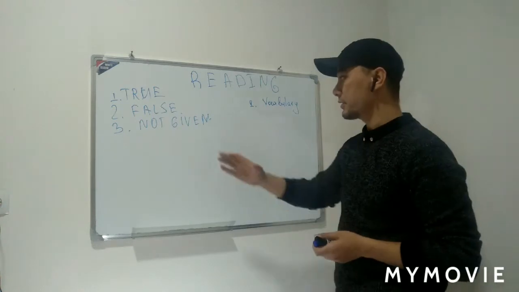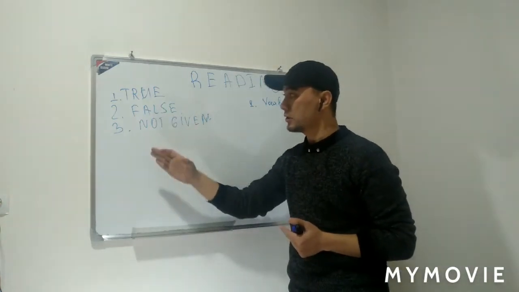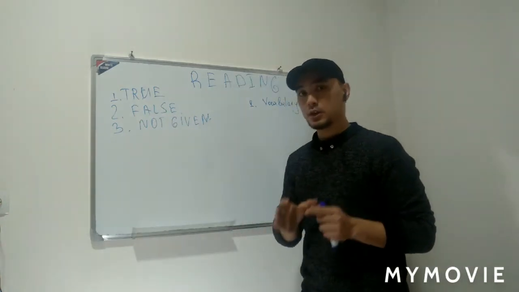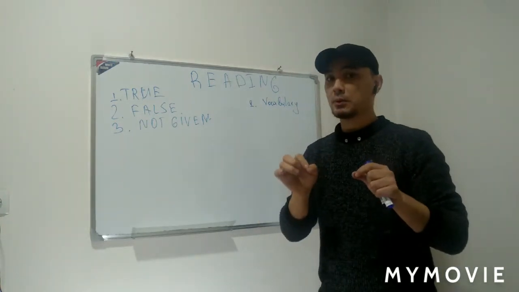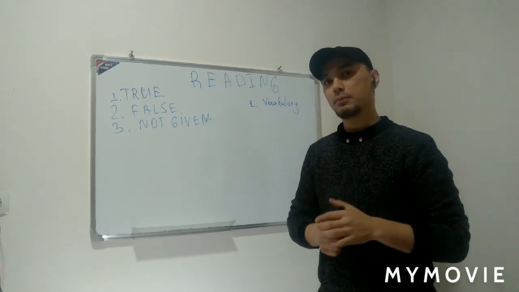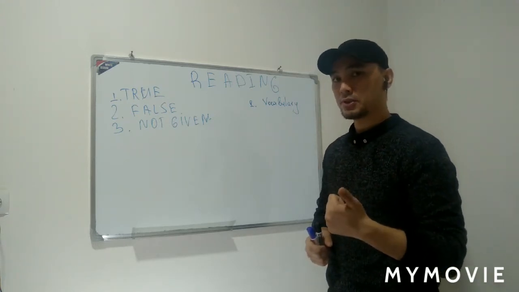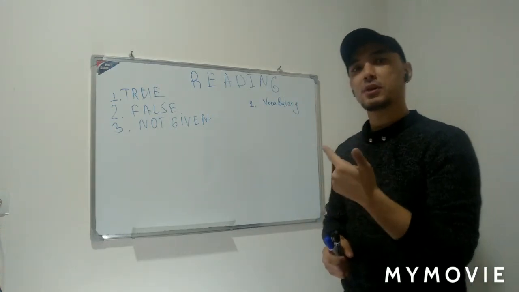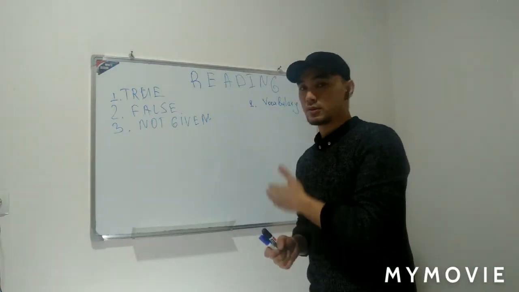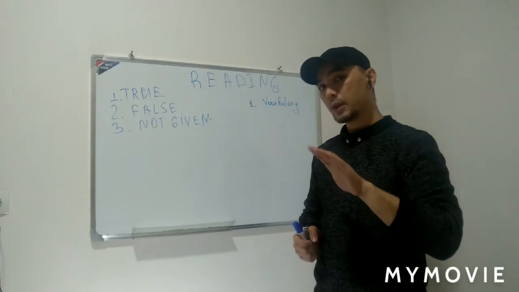As you are doing true, false, not given and the passage in the reading, you need to have a good vocabulary base. Why? Because you need to have the right synonyms, right meanings, and right opposite meanings of the given words in the question and in the passage.